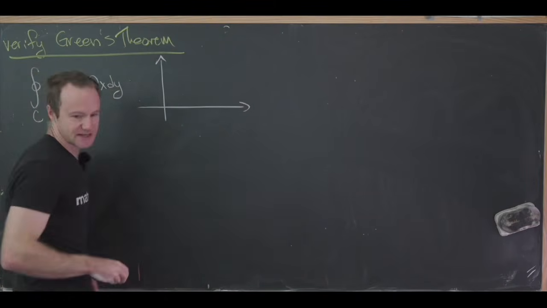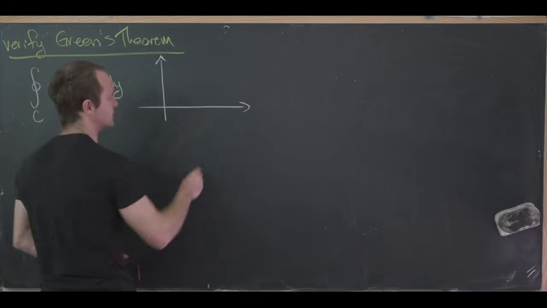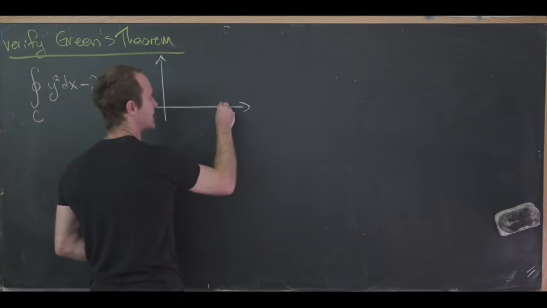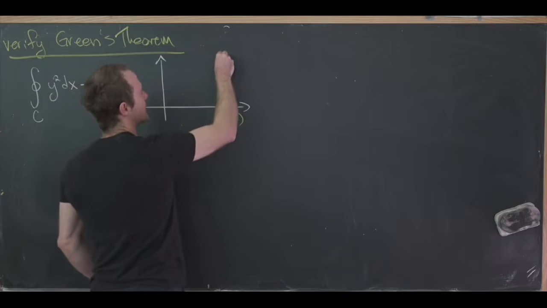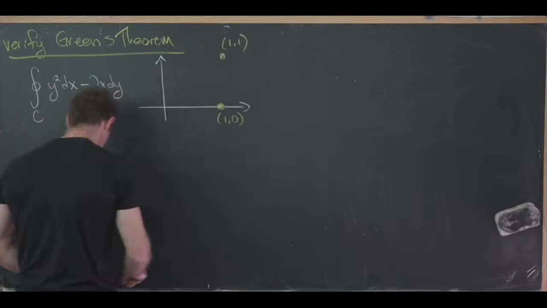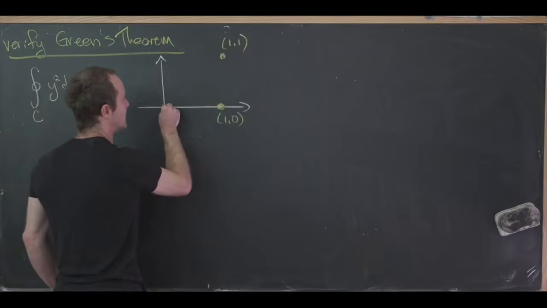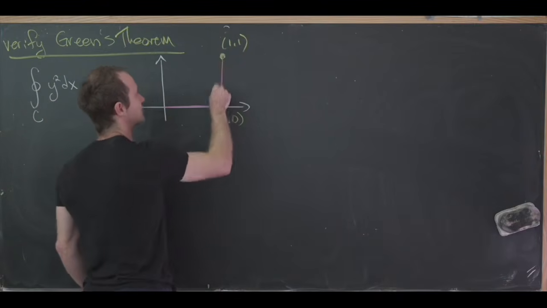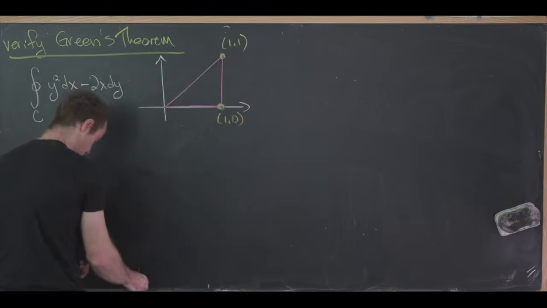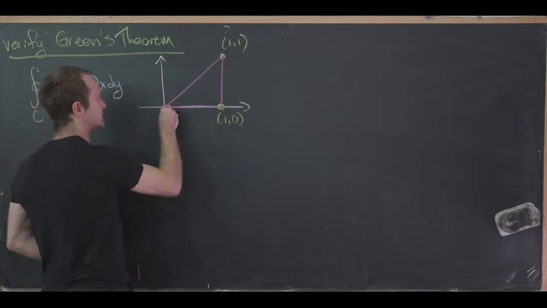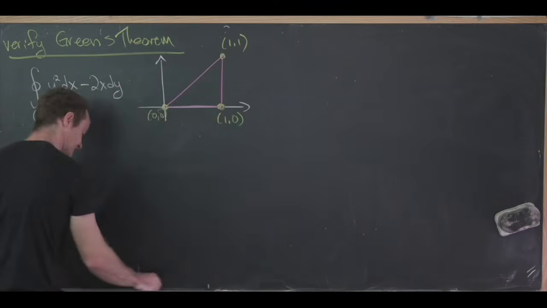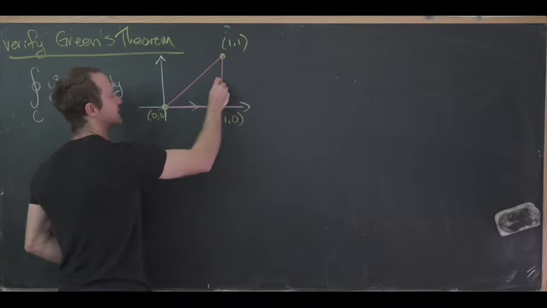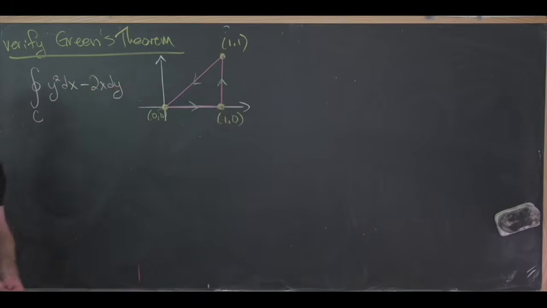And let's say this is our curve. This point here is the point (1, 0). This point up here is the point (1, 1). And then we connect those two, and then connect that with the origin. Let's orient it positively, so counterclockwise.